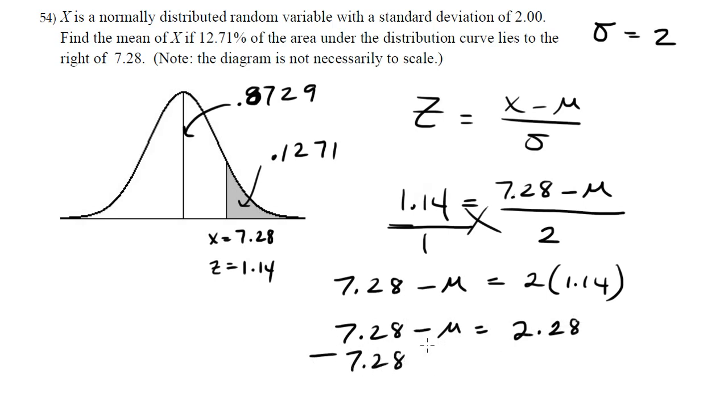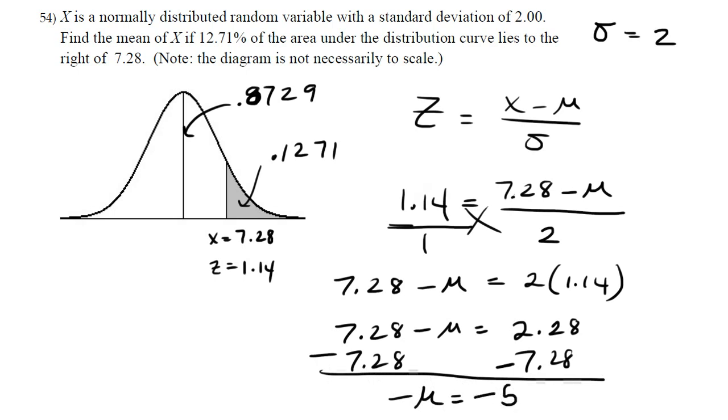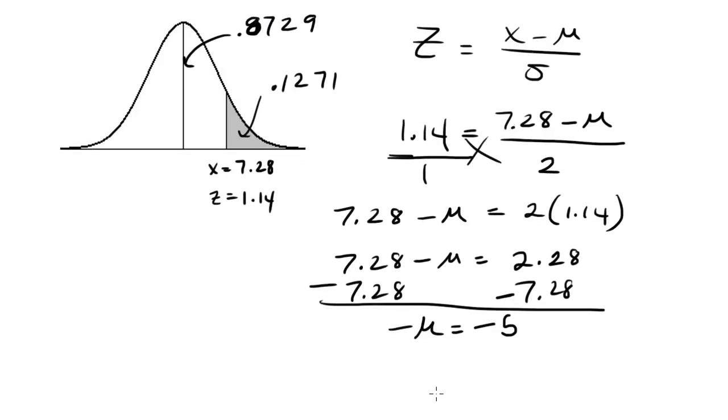Subtract 7.28. We're solving for the mean. Negative mean equals negative 5. So that means the mean has to be 5. The mean is 5.